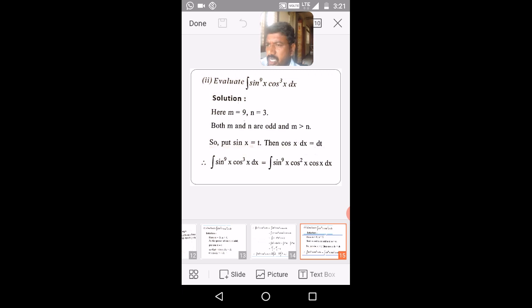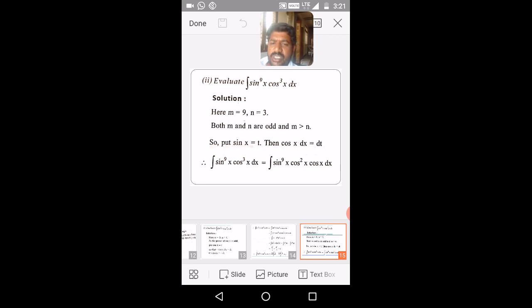I already told this in the introduction of this type of integral. If both the powers are odd, then the function having the highest power should be substituted with t. That is the criteria. So here 9 and 3 are both odd powers, therefore the highest power 9, which is for sin x, should be substituted with t.